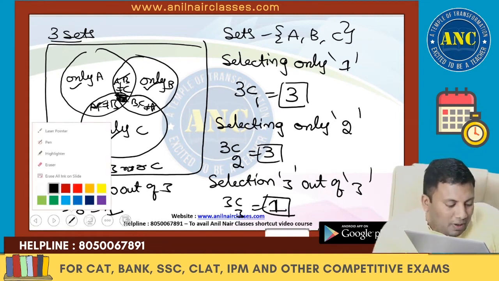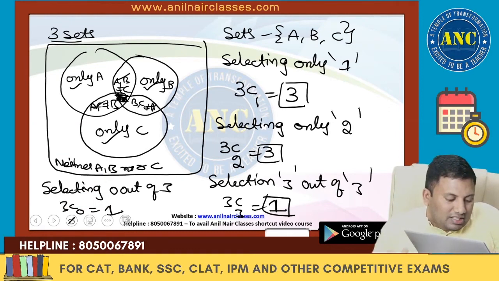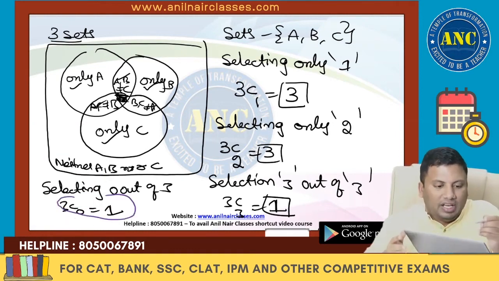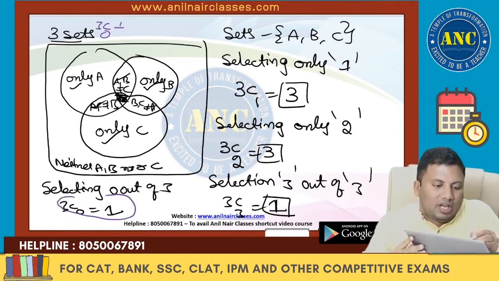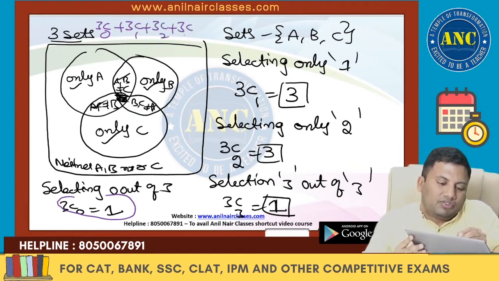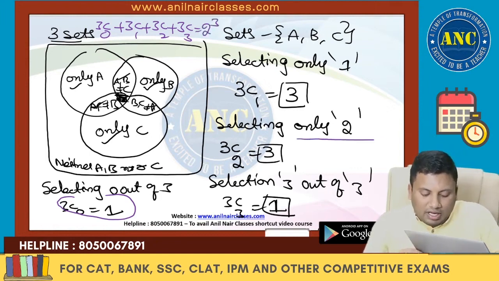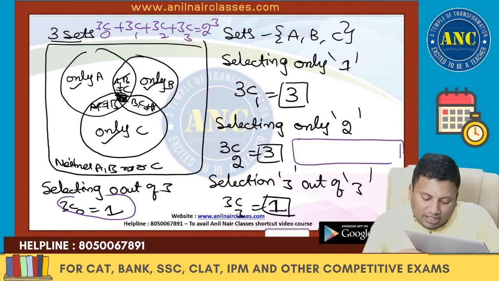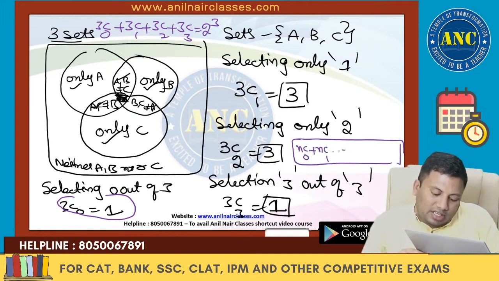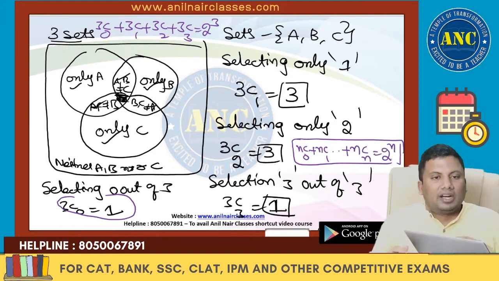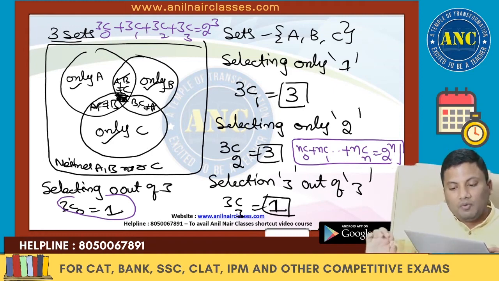Because selecting 0 out of 3 is 3C0, selecting 1, 2, 3 out of 3, and the total is 2 power 3. Why? Because of the binomial axiom: NC0 plus NC1 till NCN is nothing but 2 power n. I hope it is clear why we got 2 power 3, 8 sets.